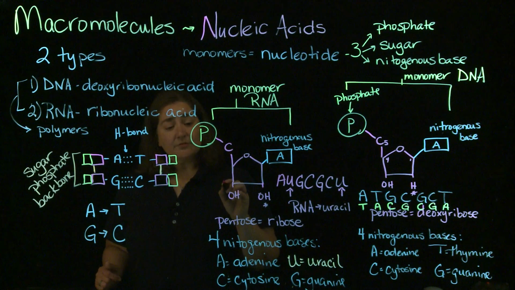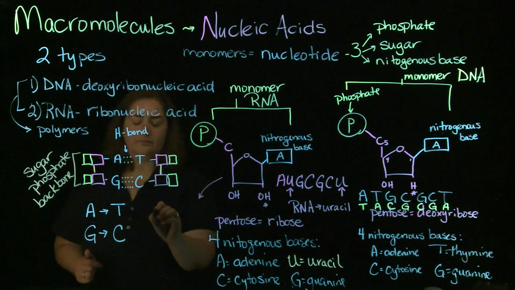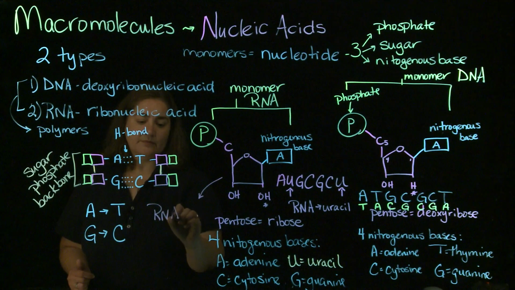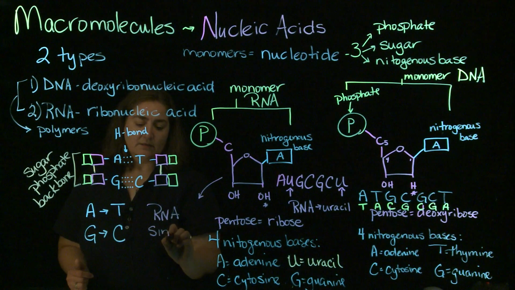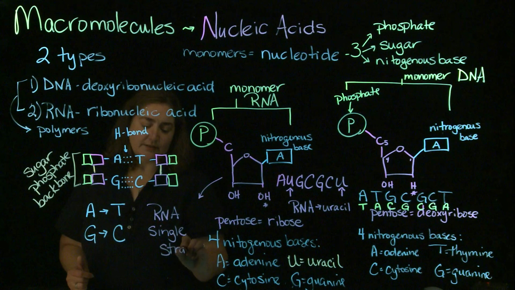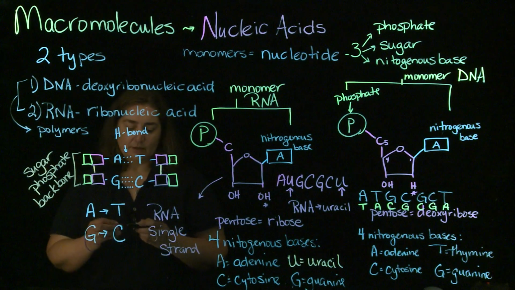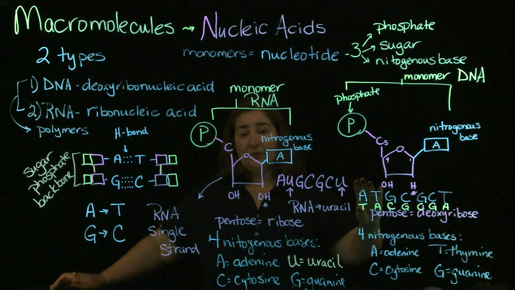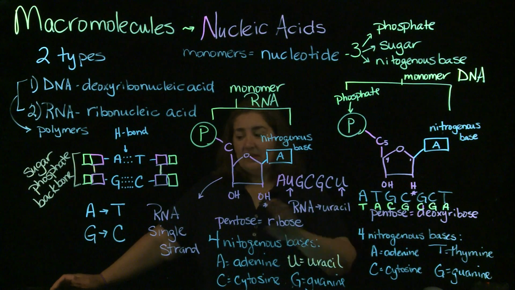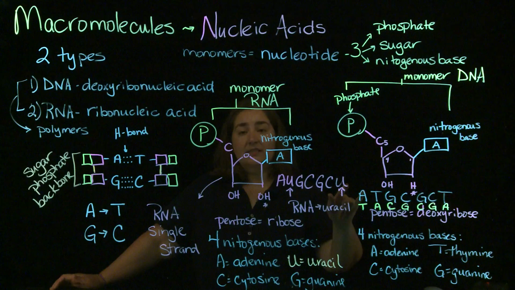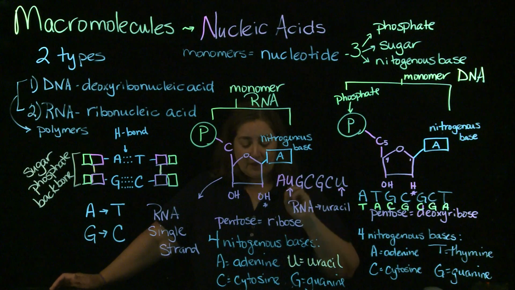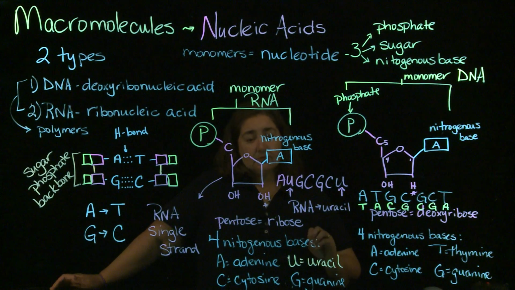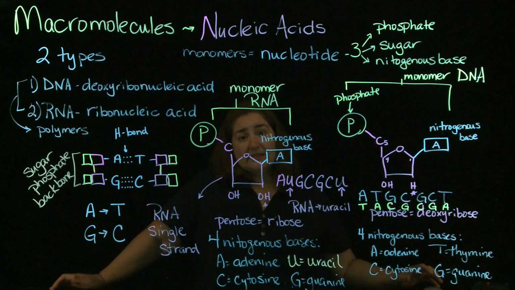RNA also is going to be present as a single strand, okay? Which is different than DNA, which I said was a double helix. You've got 2 strands with DNA. RNA, you've just got a single strand. Right? Hopefully that makes sense. If you have any questions, please let me know.